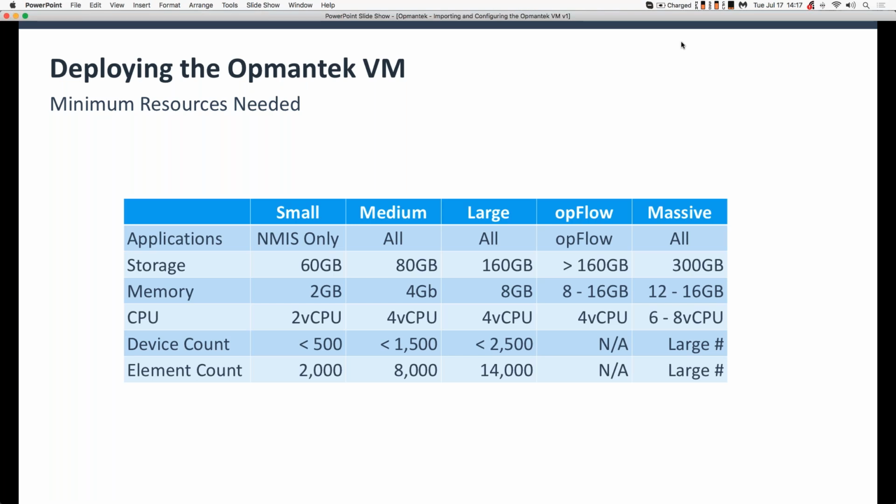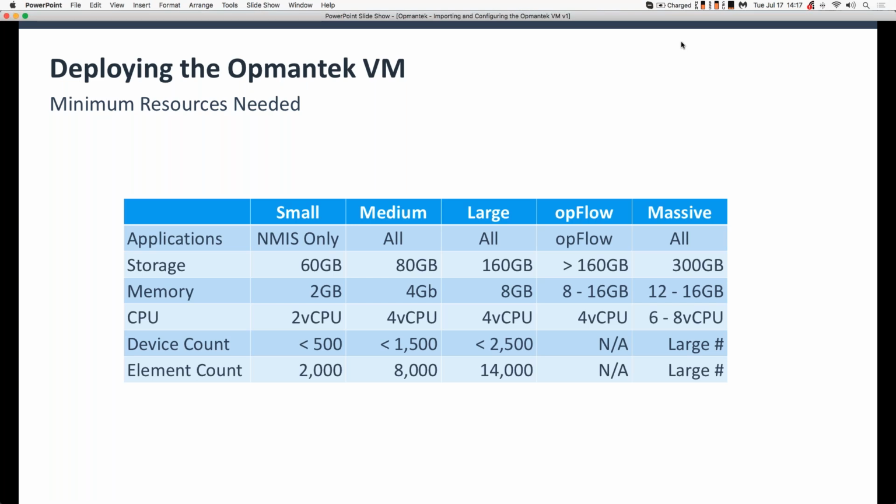Now, when you get into actually licensing our solutions, and I don't want to make this a sales discussion, but when you get into licensing our solutions, we license almost everything except for OP Flow based on the total number of devices you're using in the product. So, for example, OP Charts is based on the total number of devices that NMIS is managing. OP Reports, same thing.